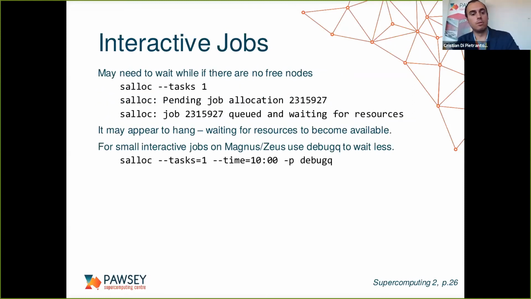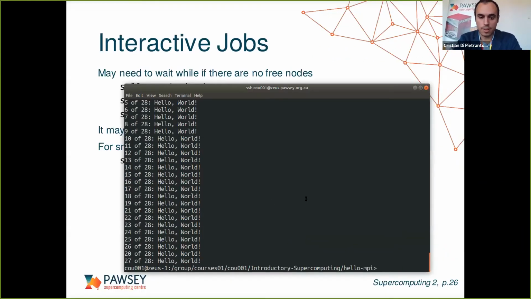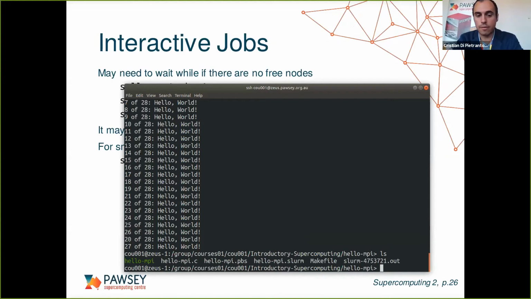So let's do it. Let's just give an example. So far, for example, this Hello MPI example that you can see here, we have compiled it on the login node. Now, this is a small program, and it is fine for our training purpose. We didn't use too many resources.